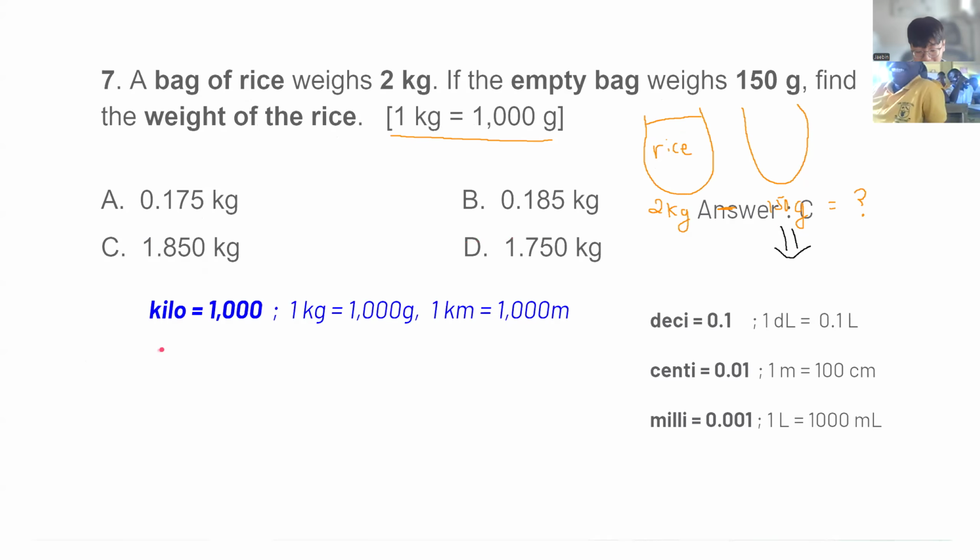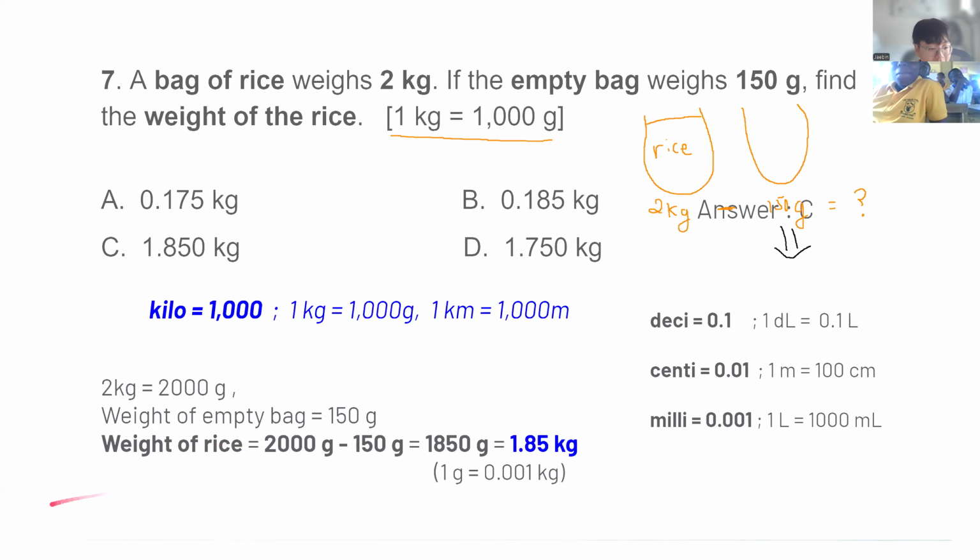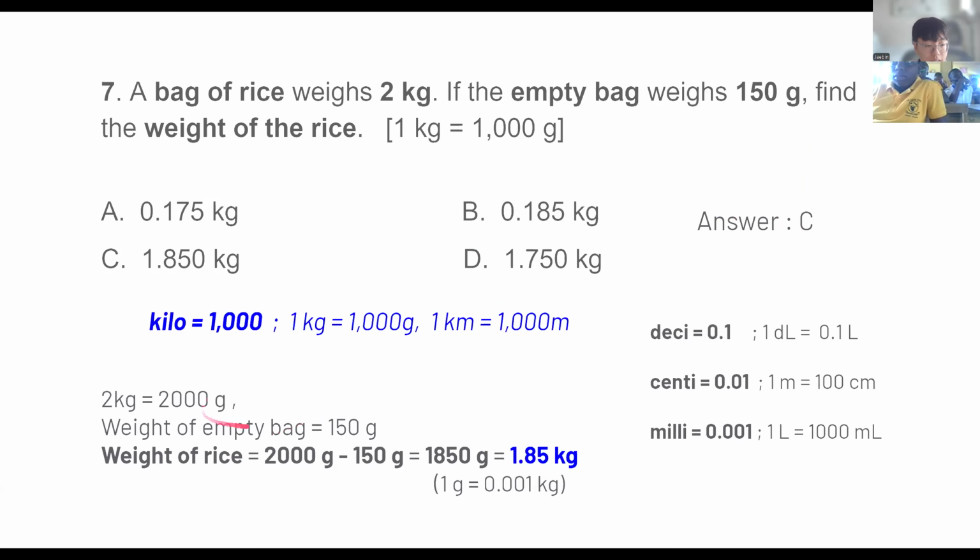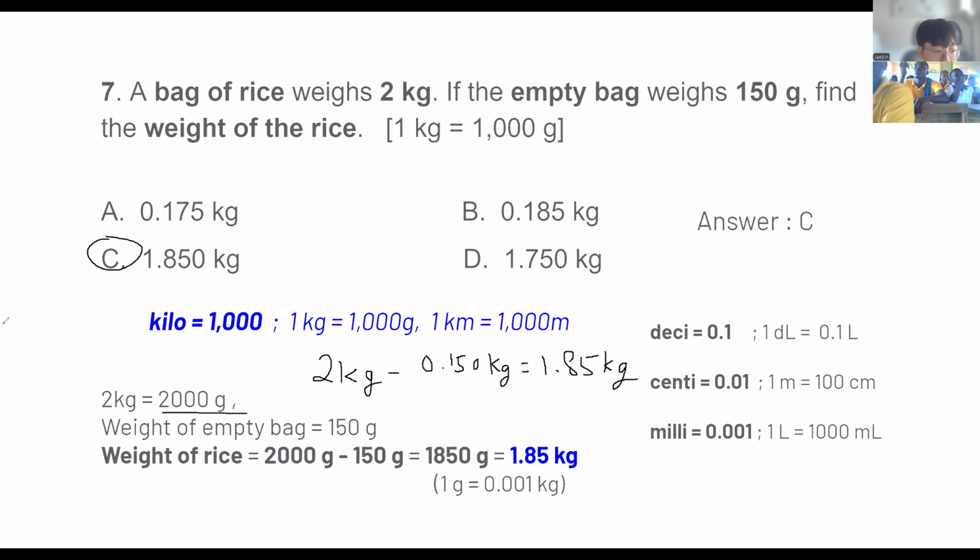The answer is C. What I was getting at was you can either change the 2 kilograms to 2,000 grams, or you can say that 2 kilograms minus 0.150 kilograms, sorry, kilograms, equals 1.85 kilograms. Great job. That's the correct answer.